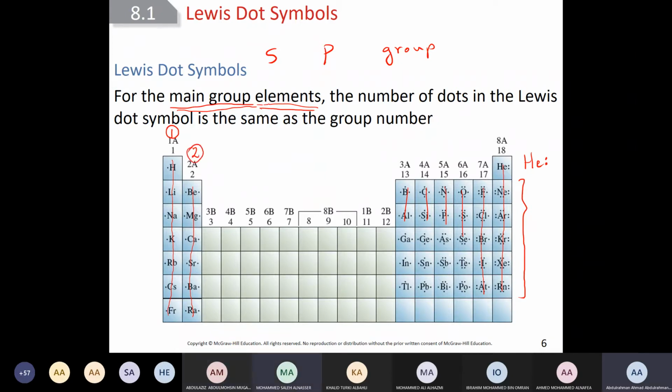What's the valence for halogen? 7. For noble gas 8, halogen 7, 6, 5, 4, 3. That's it. These are the valence electrons. Is this clear? Good.